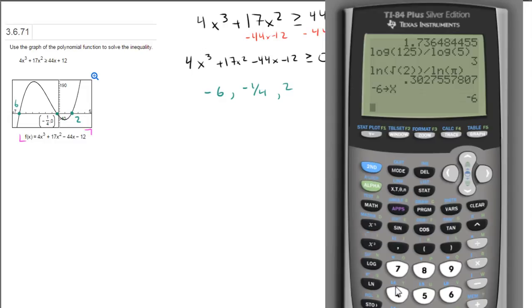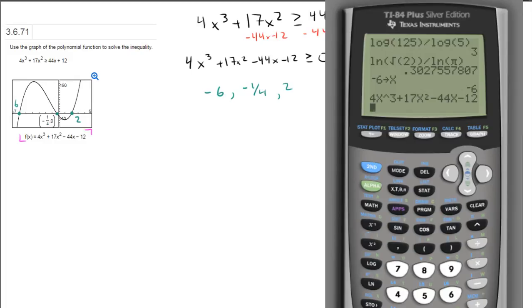Then we're going to do 4x cubed plus 17x squared minus 44x minus 12, and we'll see what we get. Hey, great, we get 0.